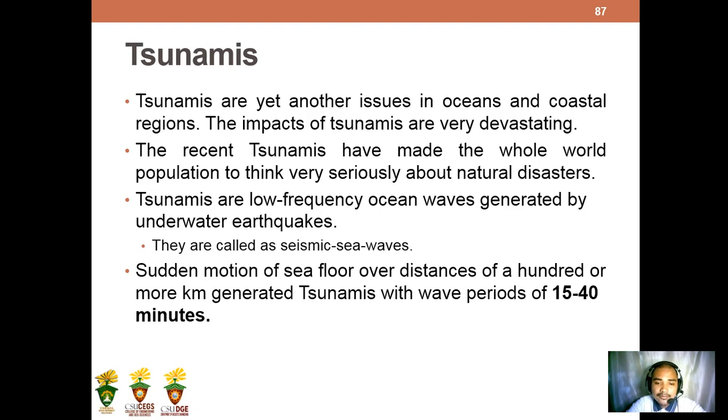The sudden motion of the seafloor over distances of 100 or more kilometers generates a tsunami with a wave period of 15 to 40 minutes. So from the location with tectonic motions or volcanic eruptions, this will generate a tsunami with a period of 15 to 40 minutes.